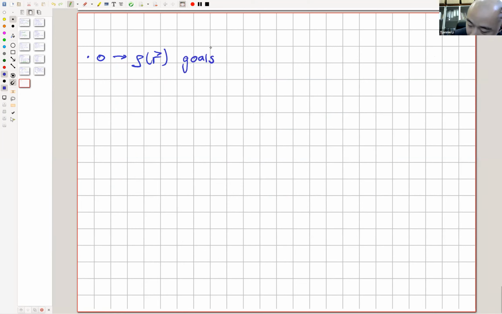But instead of considering some arbitrary path, I'm going to do it in such a way that the growth of rho is proportional to rho itself.